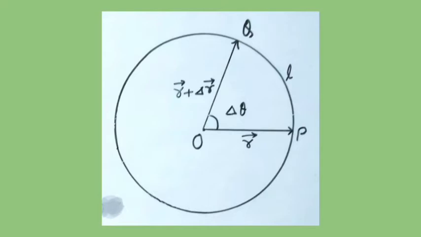In uniform circular motion, the direction of velocity of the object keeps on changing continuously. Uniform circular motion is an example of uniformly accelerated motion.